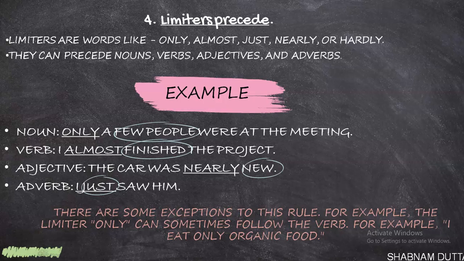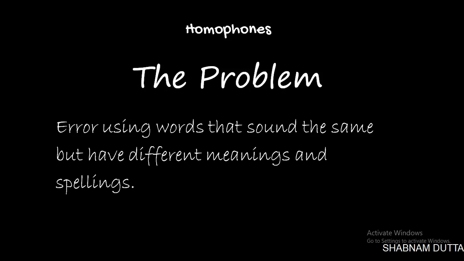I believe you are now clear with the 4 basic rules of modifiers. Now, let's get to know the errors we face due to homophones. Homophones are words that sound the same but have different spellings and meanings.